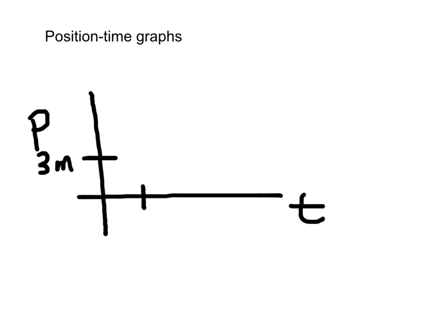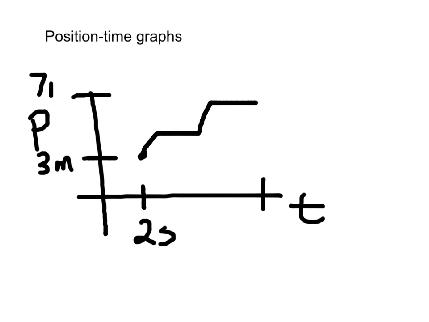We're not going to start at 0 just to show you that these can get complicated. Let's say he's at position 3 meters at time 2 seconds, right here, and then does something like this, and is at position 7 meters at time 6 seconds.